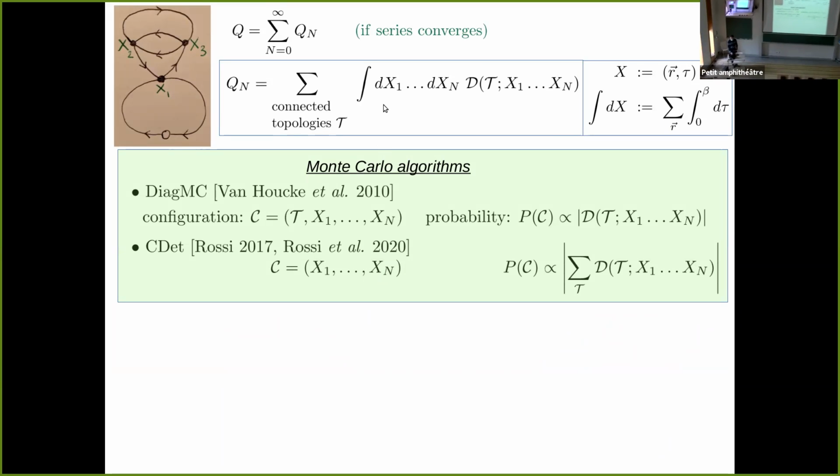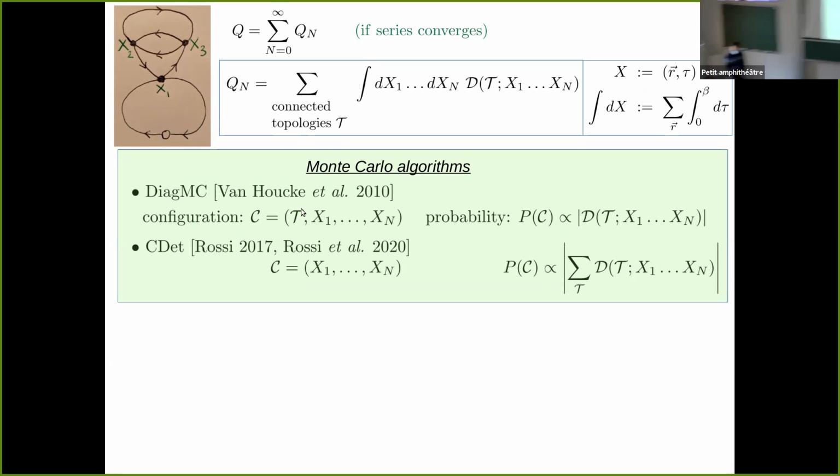A few words about the Monte Carlo algorithms that allow us to efficiently calculate this Qn up to pretty large n. There is one kind of algorithm, which for many body problems was introduced in 2010, where a configuration C is defined by both the values of the internal variables and a given topology.